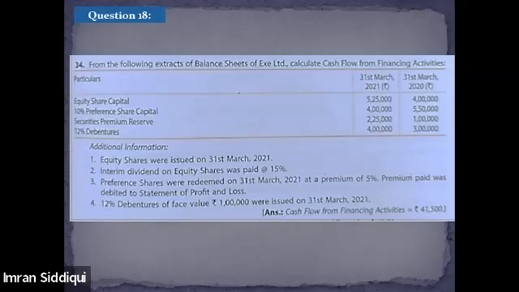The additional 1,25,000 equity shares that we have raised have been raised at the end of the year. So the shareholders are not entitled to any kind of interim dividend on them. So interim dividend of 15% will be calculated on the opening value of the equity share capital. You understand that now?